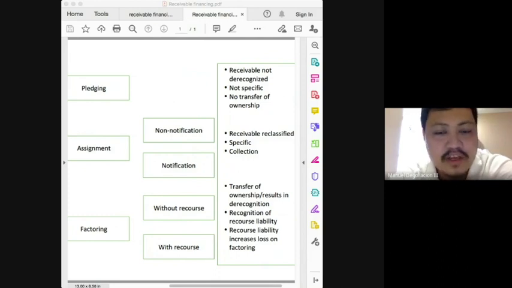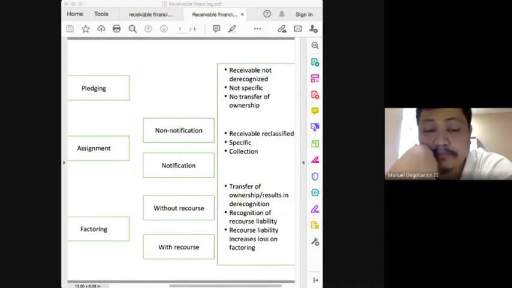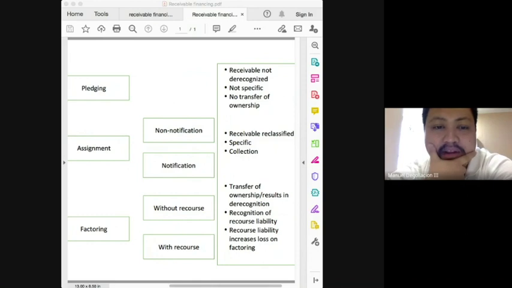So the incentive on the part of the factor here would be that they are buying an asset at a lesser price, and they will be able to profit from it if they will be able to collect an amount greater than what they have paid for it. So very basic.